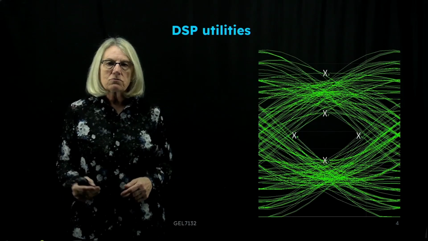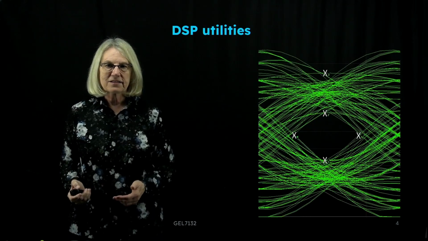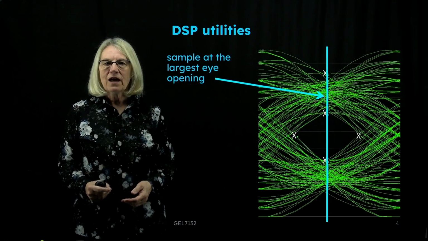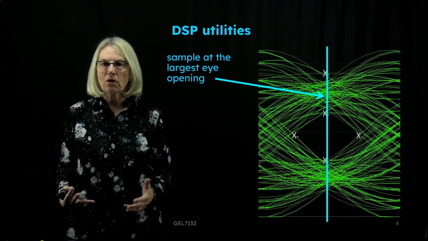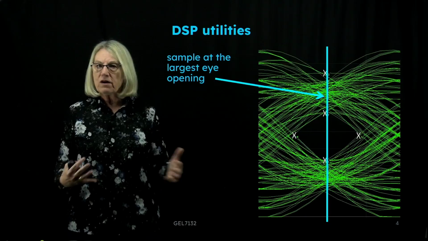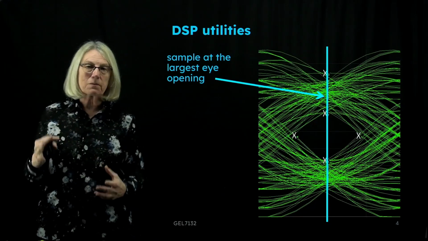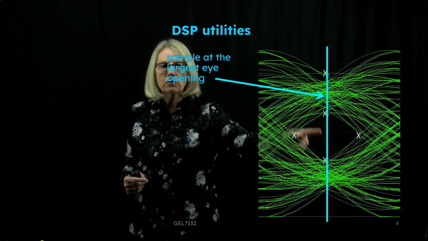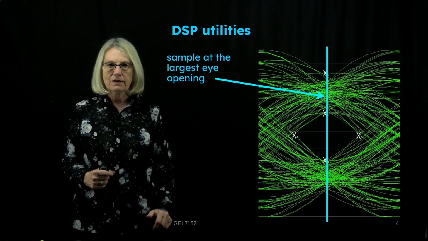So there are two important features of an eye that we're going to try and quantify. The first feature is the determination of where the maximal eye opening is. Where is it that this logical 1 and the logical 0 are the farthest apart that we can get them? So here, I've drawn this blue line at the point of the maximal eye opening.